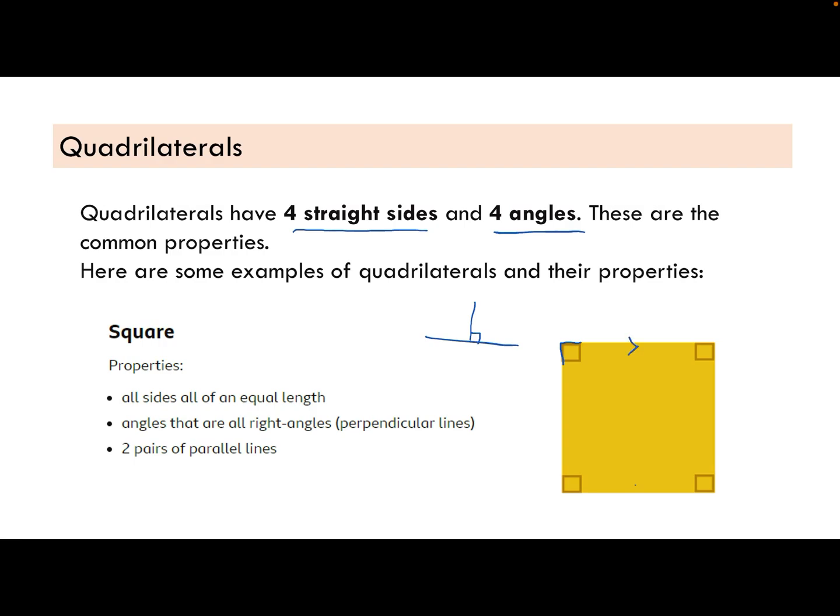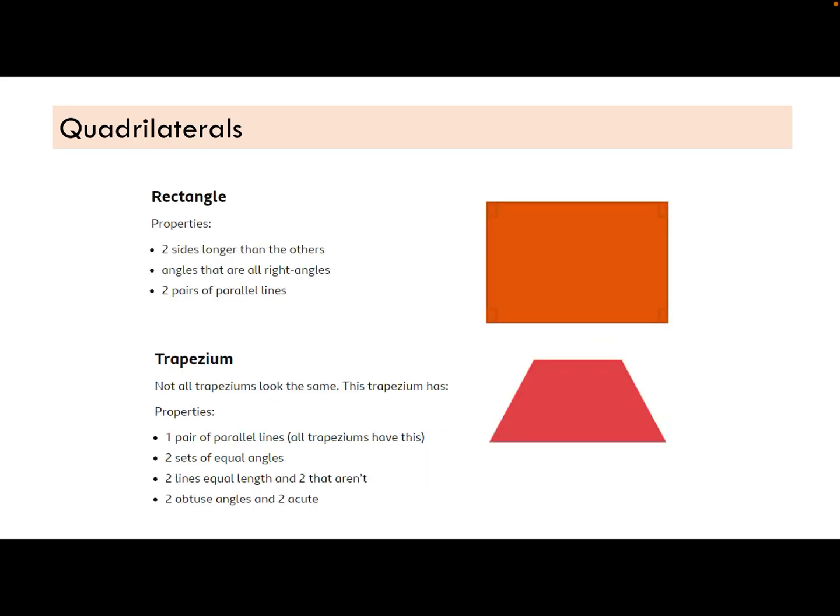And it has 2 pairs of parallel lines. Here's parallel lines. Remember, I've put the ones that go together. So this has one arrow, so it's the same as this one arrow. This has two arrows, so it's the same as this two arrows. And that shows that they are parallel when you see them like that. So that's a square.